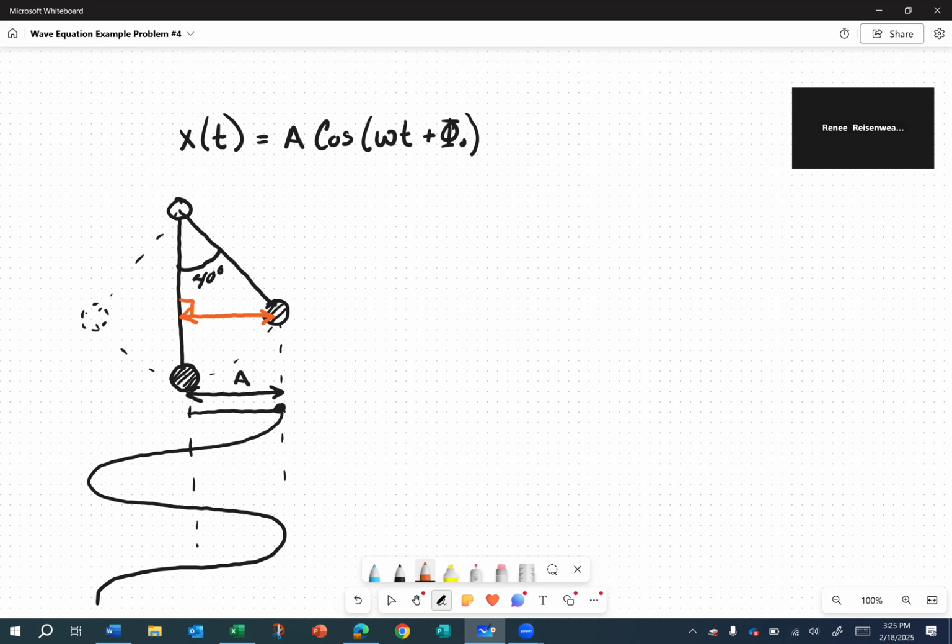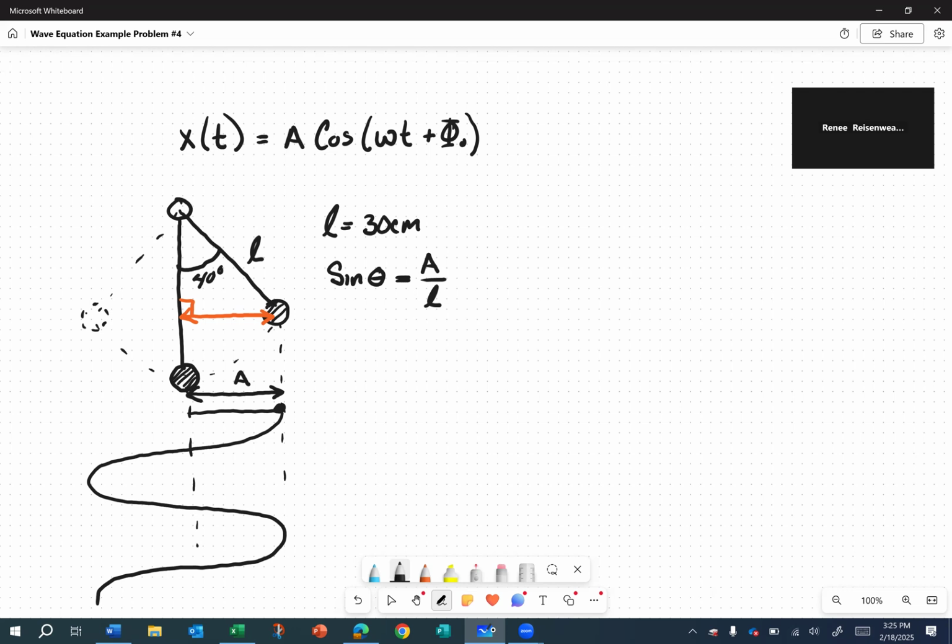So looking at that triangle, with the hypotenuse of the triangle being the length of the pendulum, 30 centimeters, we can determine A by using the sine function. The sine of the angle theta is going to be our amplitude divided by the hypotenuse, or L, of the triangle.